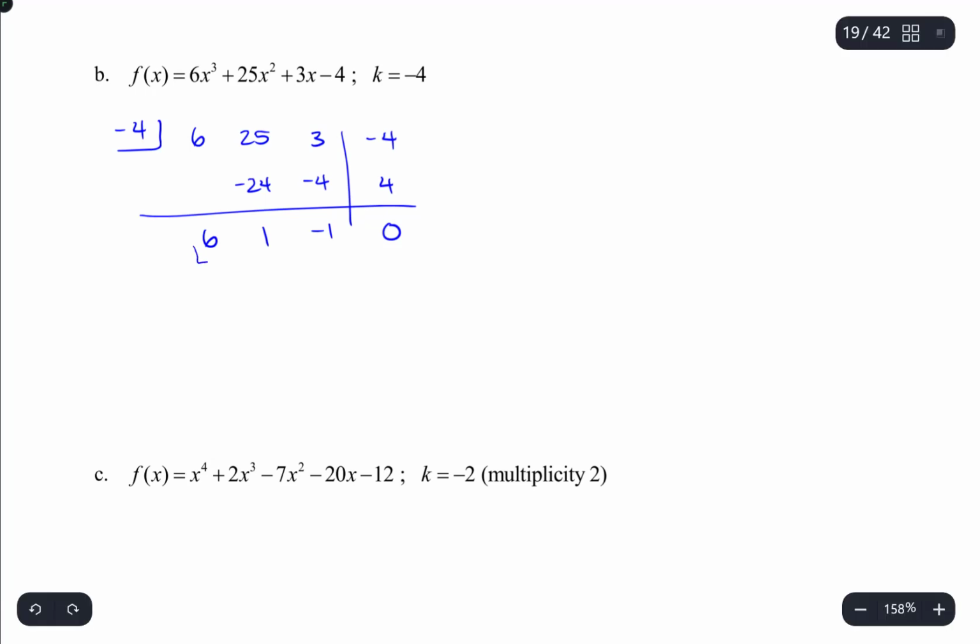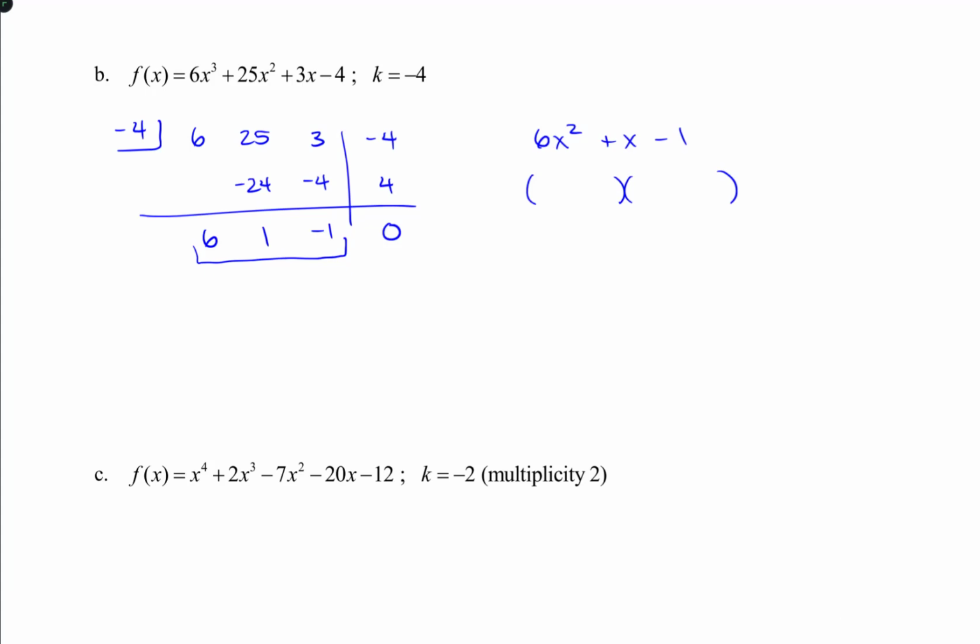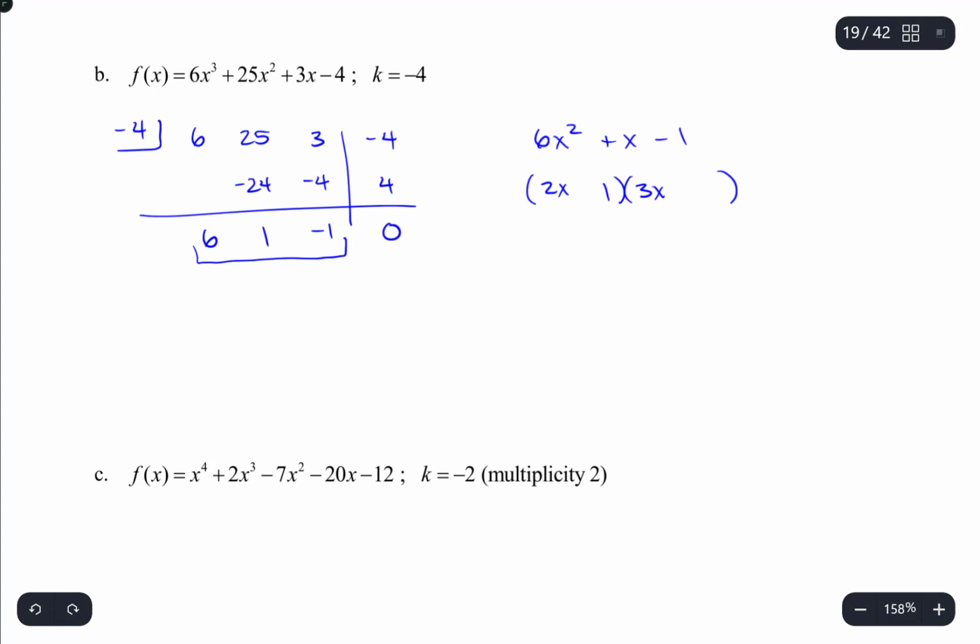So that means I have coefficients here of the remaining quadratic being 6x squared plus x minus 1. And all I need to do now is to factor it. So two things that would multiply to 6x squared would be 2x and 3x. And for 1, that's just 1 and 1. All right, so if I have 3x and 2x, I can get those to add to positive x if the 3x is positive and the 2x is negative.